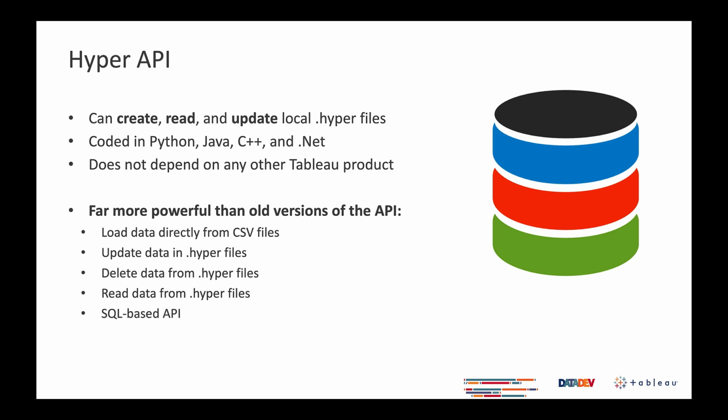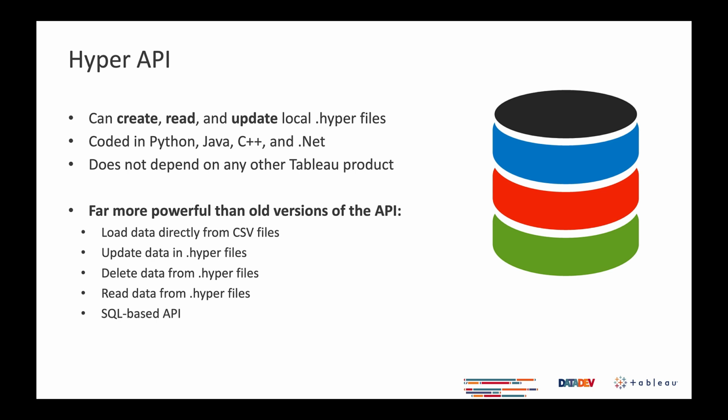We'll talk about the evolution of it in this next slide here, but these bottom bullet points really highlight a lot of important functionalities of the API generally. So it allows you to load or copy data directly from CSV files, really great performance there with the ability to copy directly from these text files.